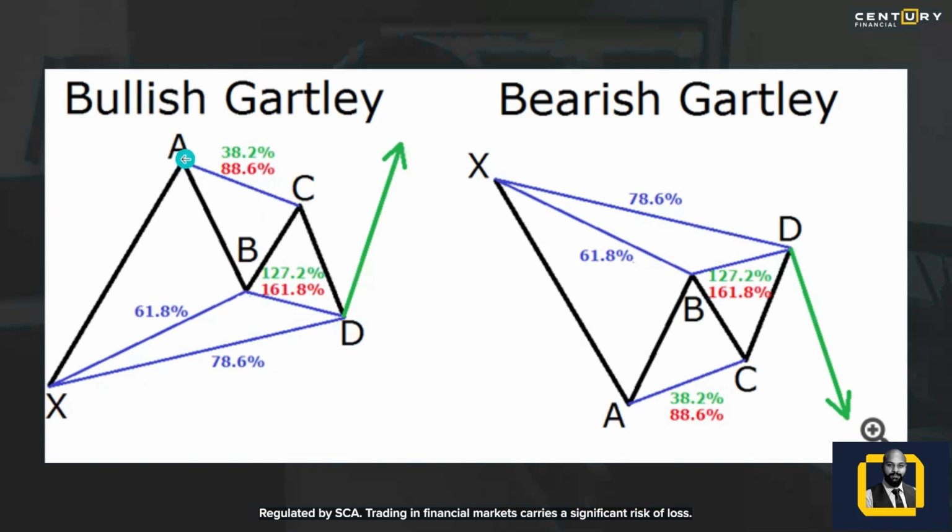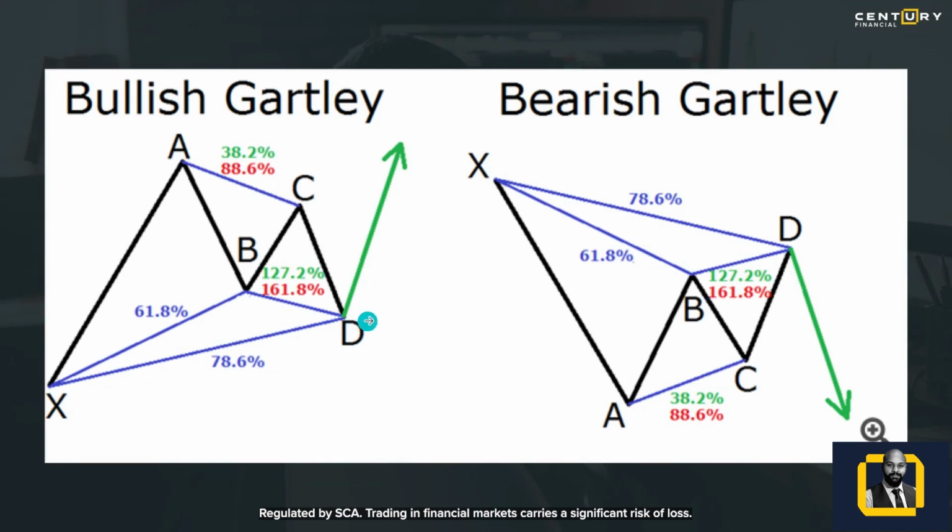So now you measure A to B from top to bottom to see if the price action reverses between 38.2 and 88.6. Most of the time it goes till 88.6 and then it drops. So now when it drops and when it completes at C and it starts dropping, this is where you start looking to make your trading or investment decision to enter at D.